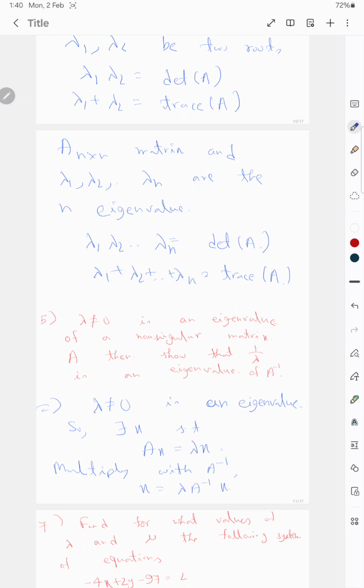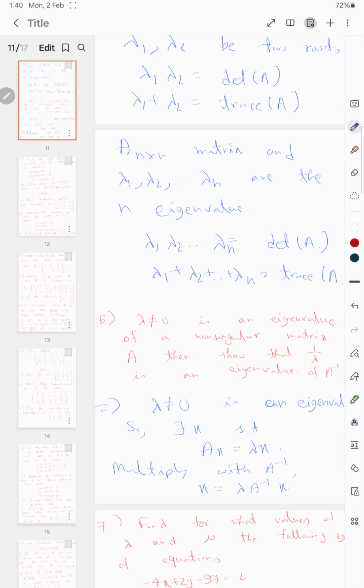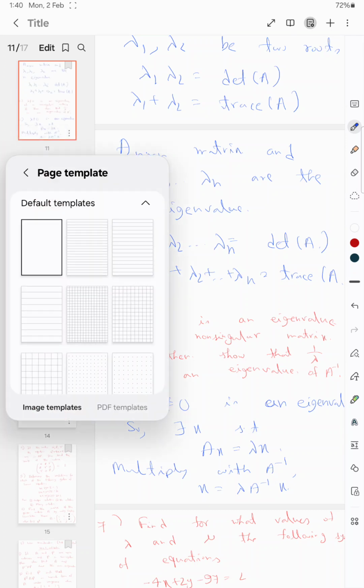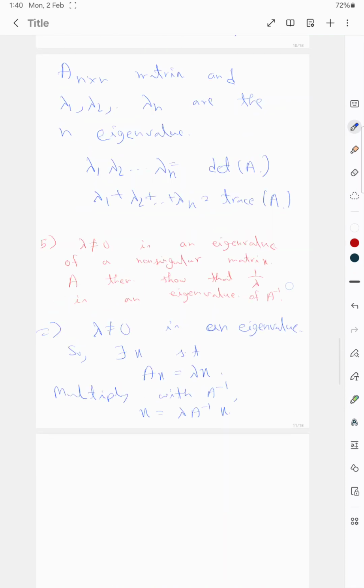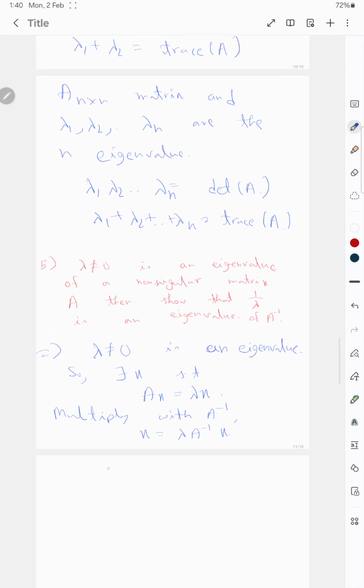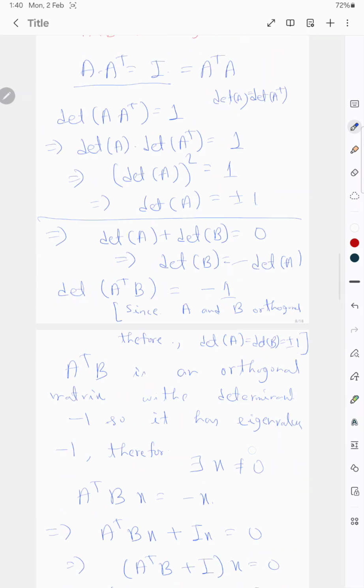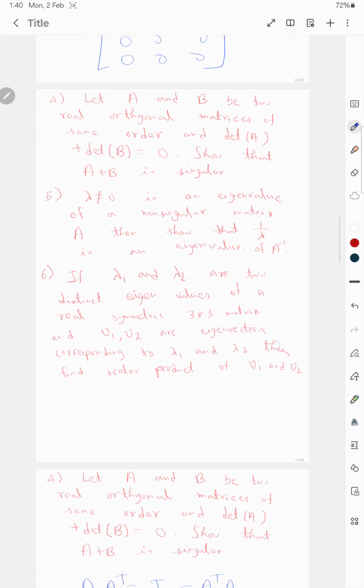So A inverse x is equal to 1 by lambda into x. So 1 by lambda is an eigenvalue of A inverse. This is our fifth one.